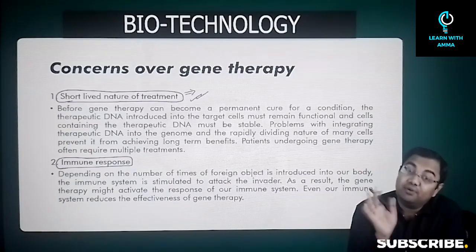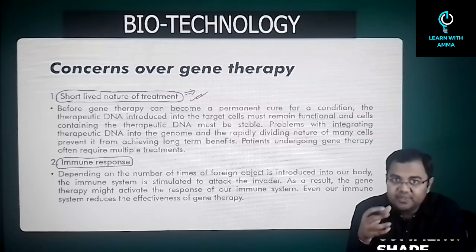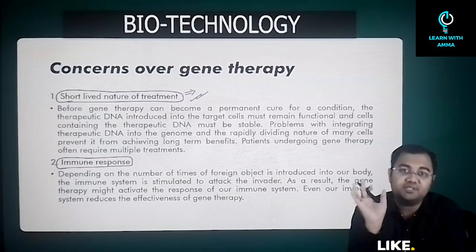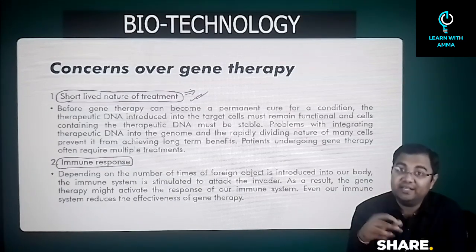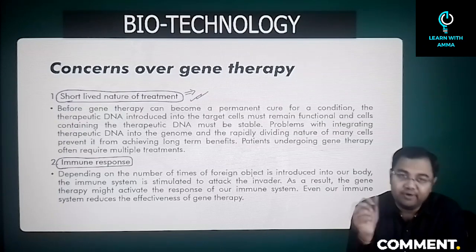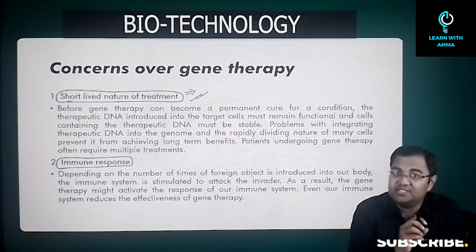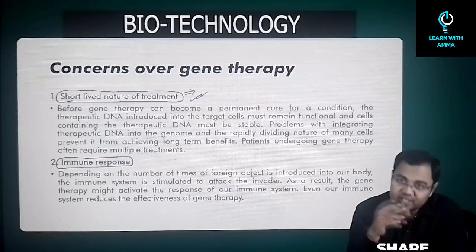This is something that even happens with gene therapy. If gene therapy is being carried out, let's say a new additional gene is added to your system. Because it is additional, it has come from outside, it is a foreigner for our immune system. Our immune system may act against this gene, and many a times it may be able to knock out or destroy the gene.